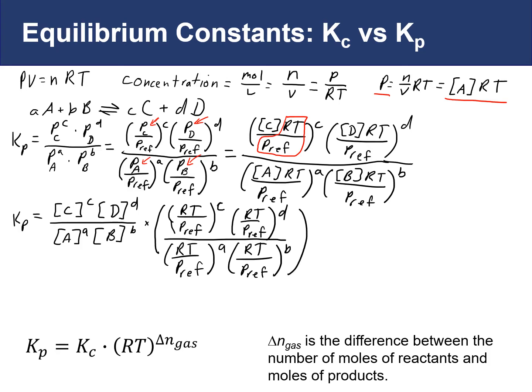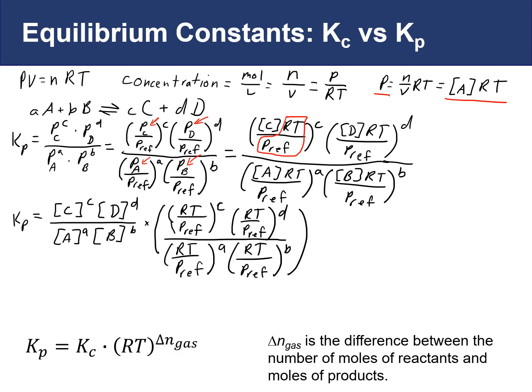Now there's a rule that comes along with exponents that if you have the same thing raised to an exponent, if they're being multiplied, it's the same thing as adding the two exponents together. And if you're dividing, it's the same thing as subtracting the exponents.